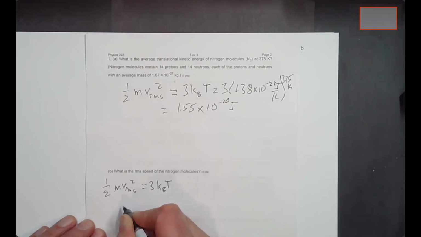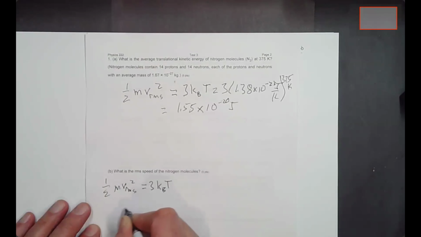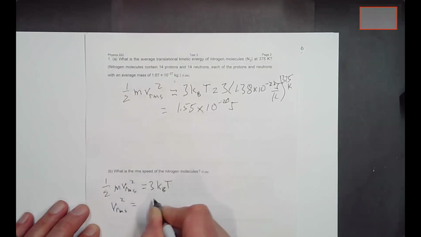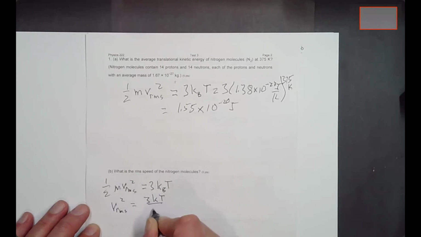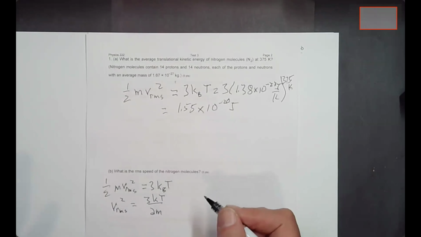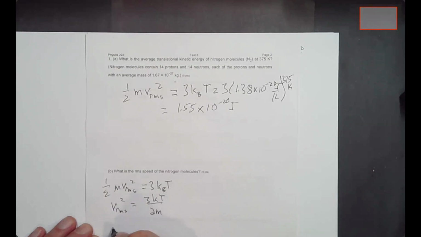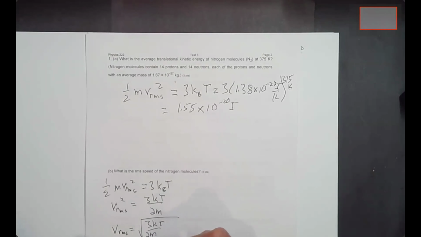Then multiply both sides by 2 and divide by m, and you'd get v RMS squared is equal to 3kT over 2m, and that's just a couple algebra steps. And then just take the square root of both sides, and the RMS speed is going to be the square root of 3kT over m. Okay, over 2m, excuse me.